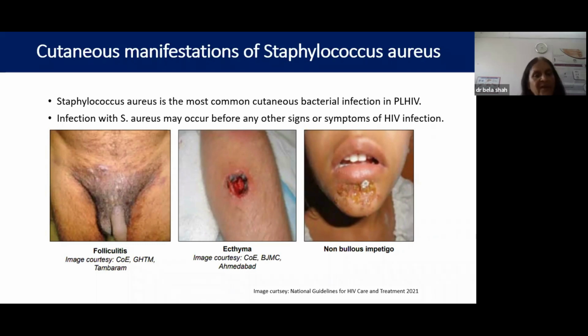The bacteria which causes this is Staph aureus. That is the most common bacteria which gives rise to this bacterial infection on the surface of skin.